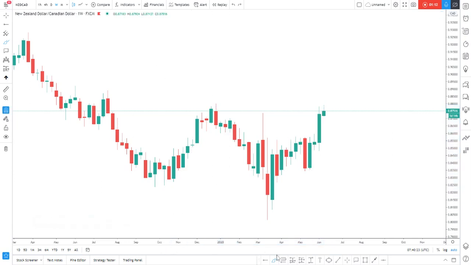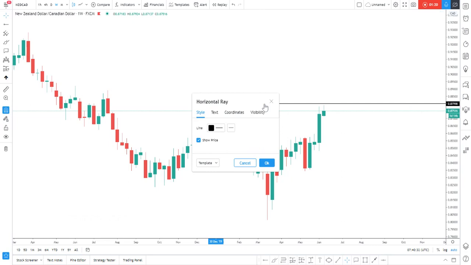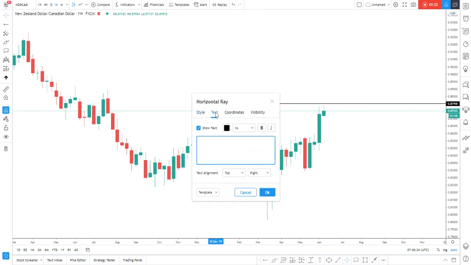Now, with that said, I'll just pick up my ray tool and mark out this area of structure here and tag it as sell zone.